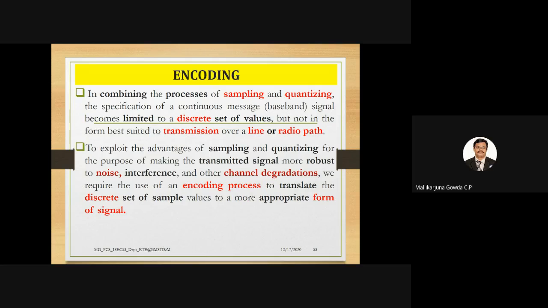In combining the process of sampling and quantizing, the specification of a continuous message signal becomes limited to a discrete set of values. Here I am telling the importance of sampling and quantizing, by which the baseband signal becomes limited to a discrete set of values.